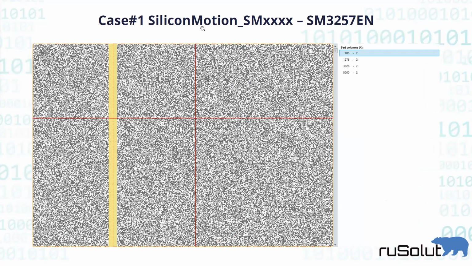In the first example, we have a Silicon Motion controller, and as you probably know, in most of these controllers, these bad columns are clearly visible through the bitmap viewer, and usually, in case you want to remove them manually, you wouldn't have a problem here.